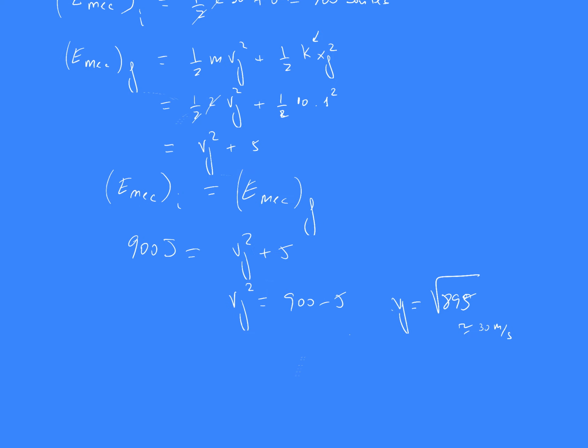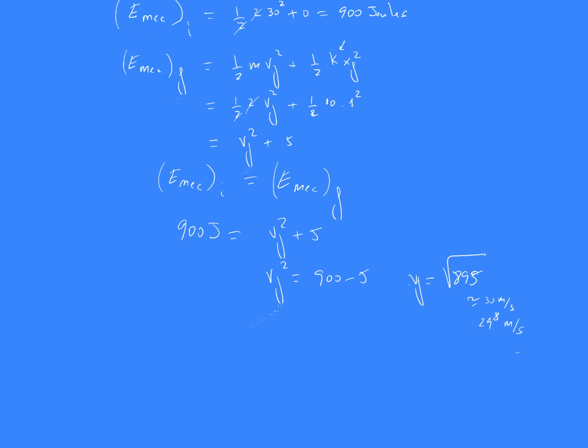So when it displaces 1 meter, the velocity is square root of 895, maybe 29.8 meters per second. So it has almost not decreased its velocity in 1 meter.